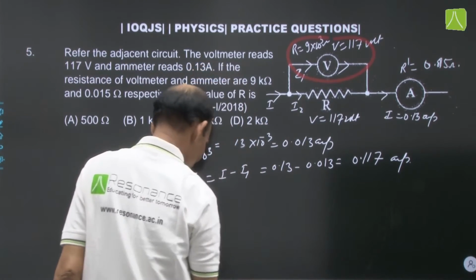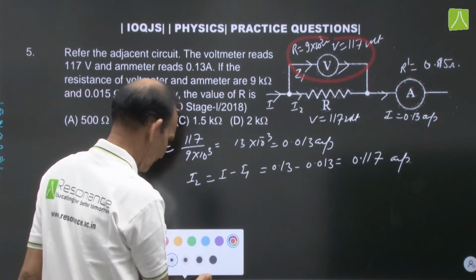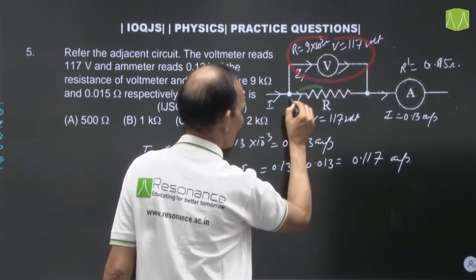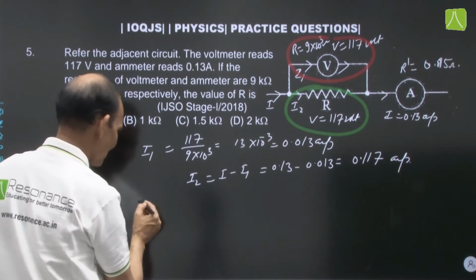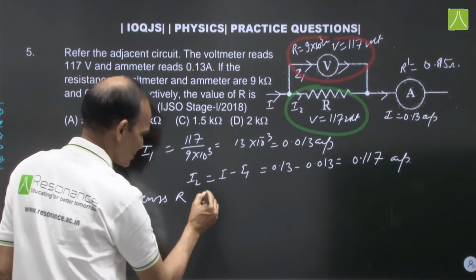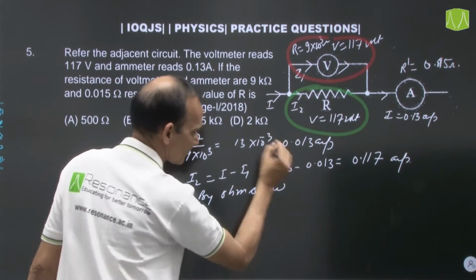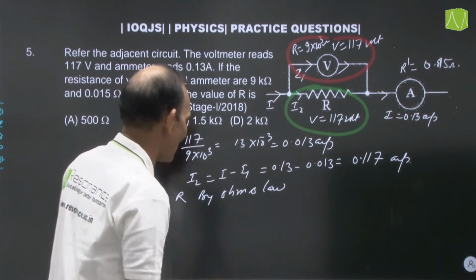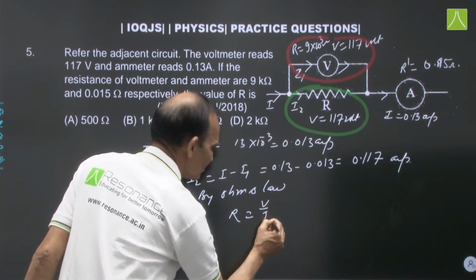Now apply Ohm's law across R. By Ohm's law we can find R, which is equal to V upon I2.